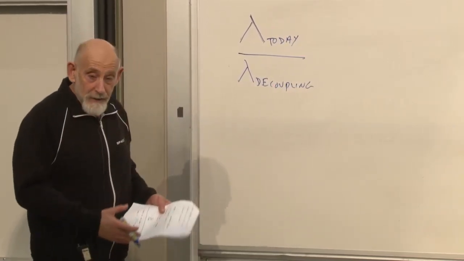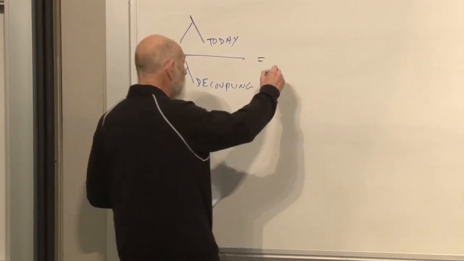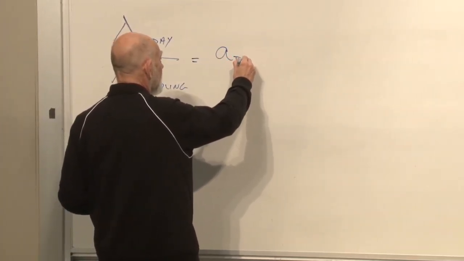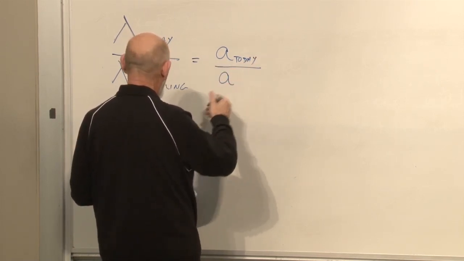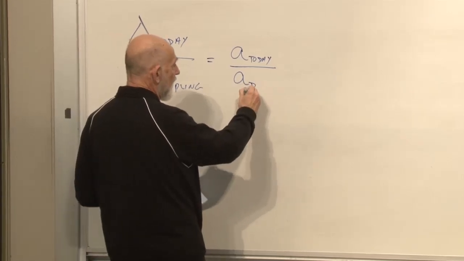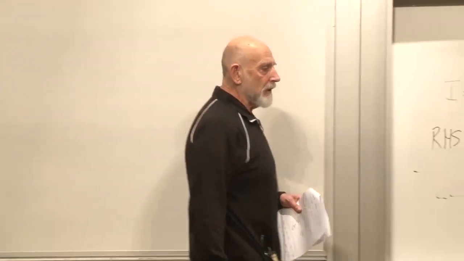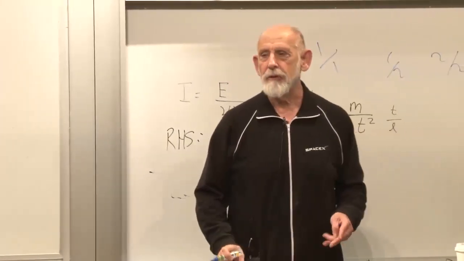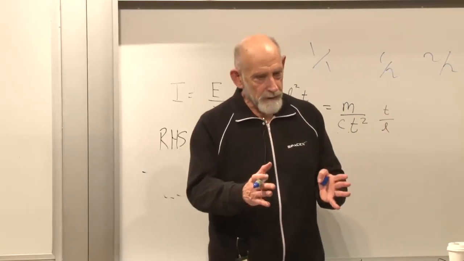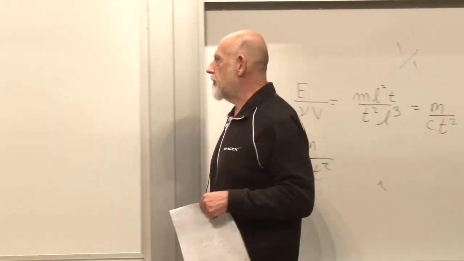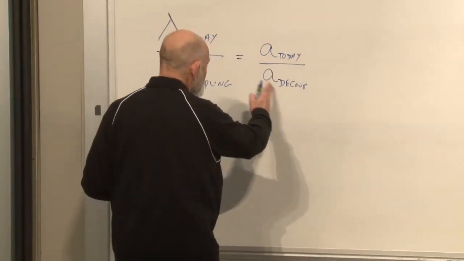What did they get stretched by? They got stretched by the expansion of the universe. So we can write that this is just the ratio of the scale factor today divided by the scale factor at the time that decoupling took place. The time that decoupling took place is not an absolutely rigorously, sharply defined time. It happened over some period of time, but the characteristic time is relatively short, so we can talk about the ratio of the scale factor.